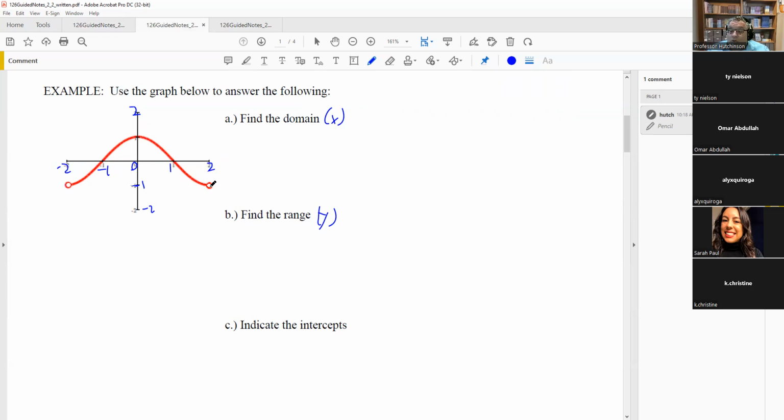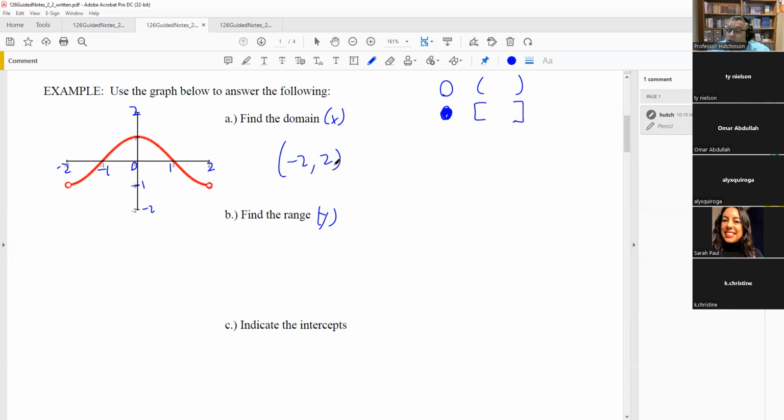Now these are open circles. Open circles means that we're going to use parentheses on that. So if it's an open circle, we're going to use parentheses. And if it's a closed circle, that means we want to use brackets when it comes to using interval notation. Okay, so domain is going to be from -2 to 2, and that's going to be your answer.